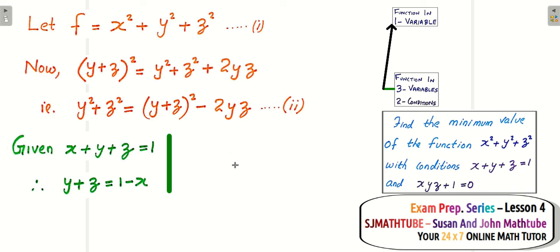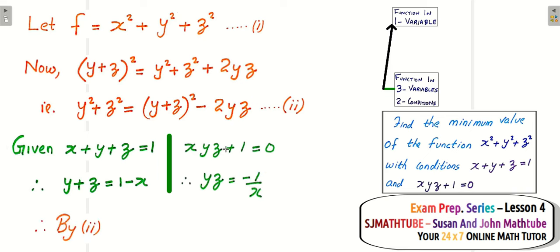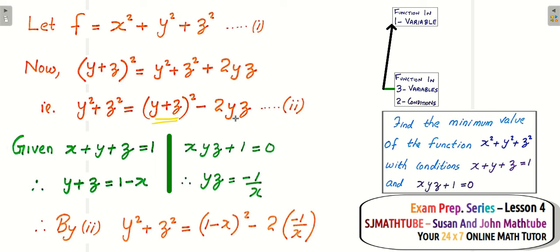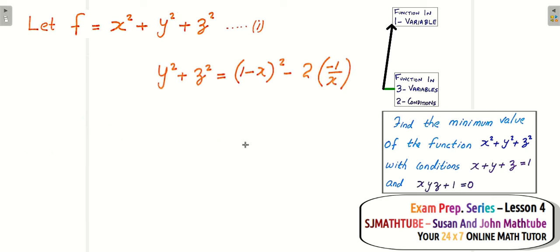And now from the next condition, I'll be able to extract y into z. And now I'll plug in all the values in equation number 2. So this is 1 minus x and this part is minus 1 by x. Now look at this. This is completely in terms of x.